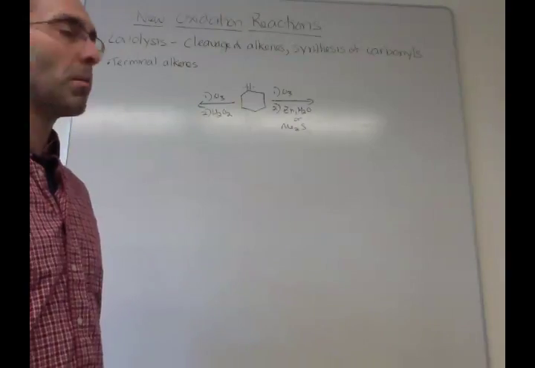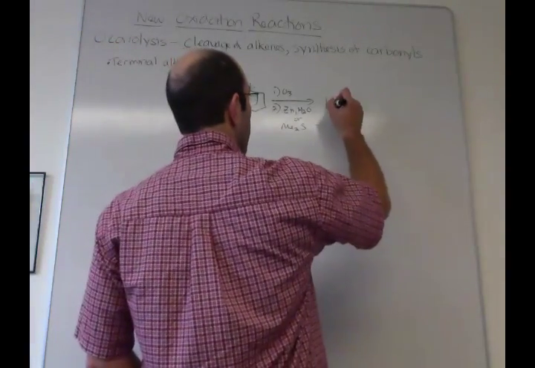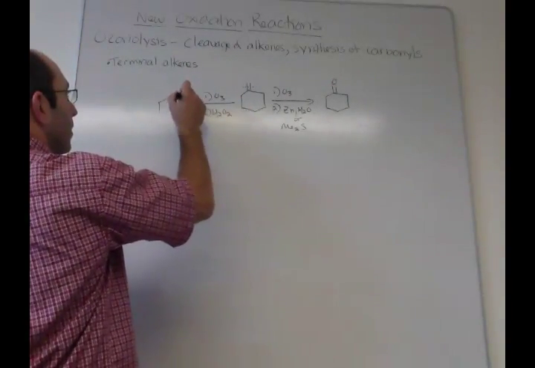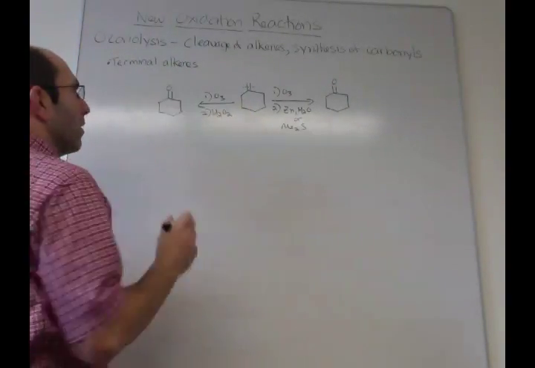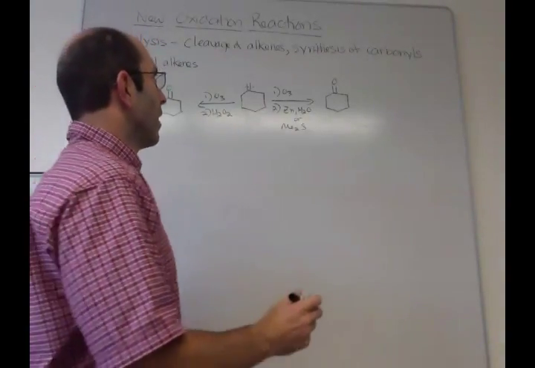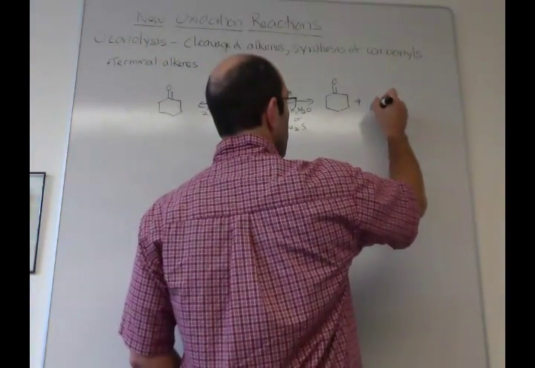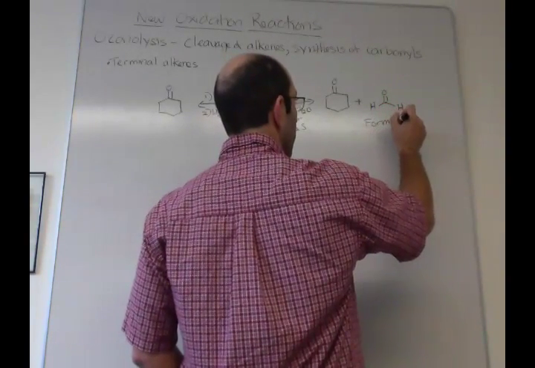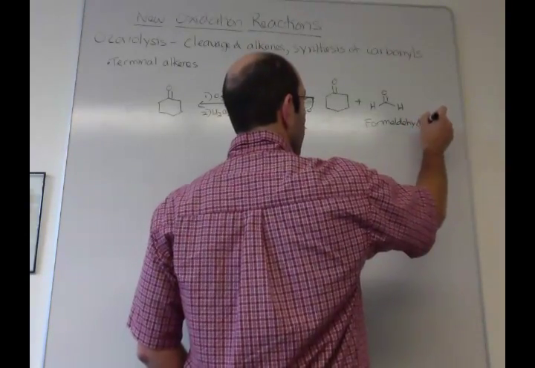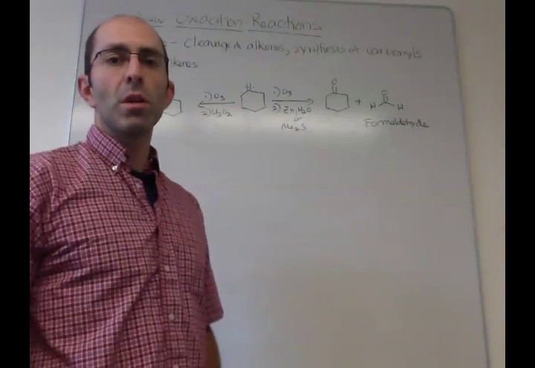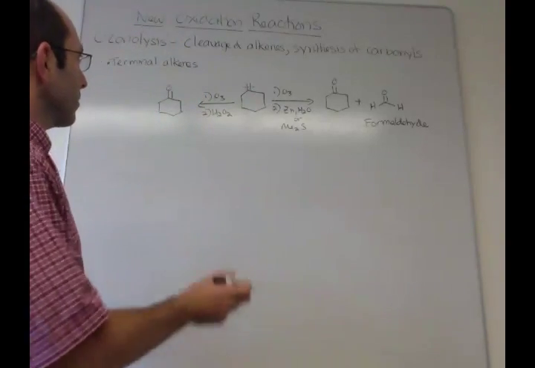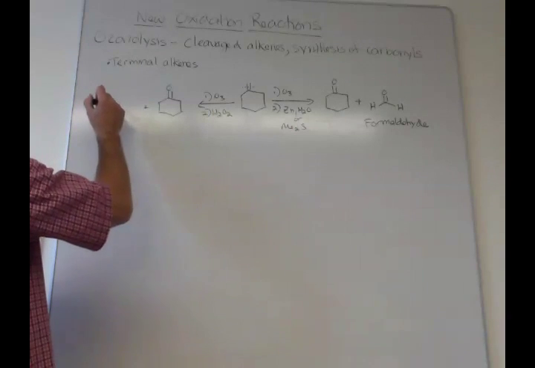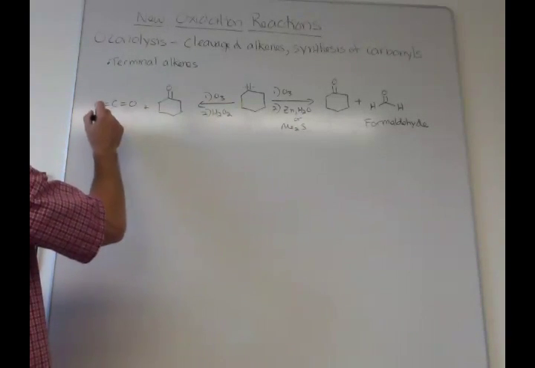We said ozone is like molecular scissors, and so in either case, we're going to end up with that ketone. The key question is what happens to the other side. In the reducing case, there's really nothing surprising going on. We end up with formaldehyde. And for any terminal alkene under reducing conditions, we'll end up with formaldehyde. When we do the reaction under oxidizing conditions, we end up with carbon dioxide.